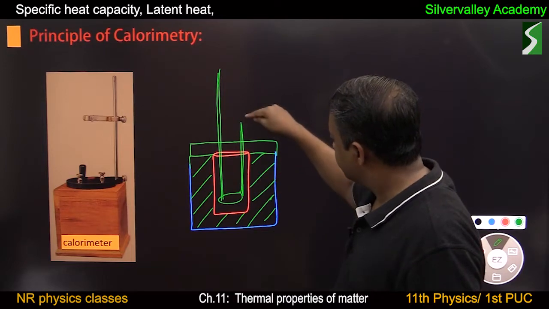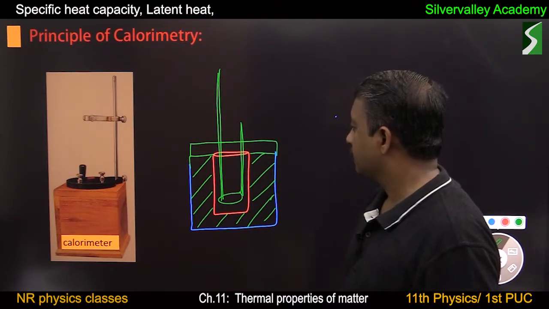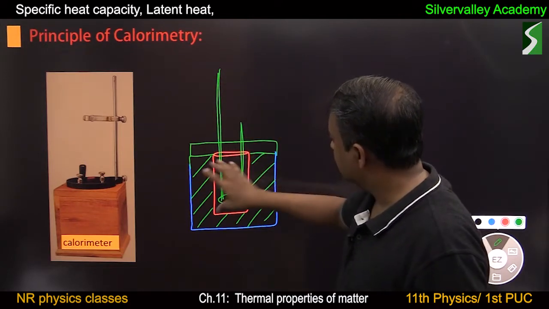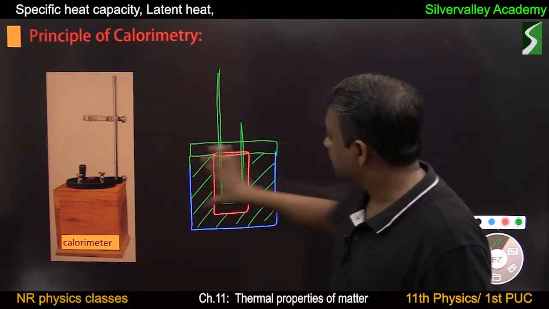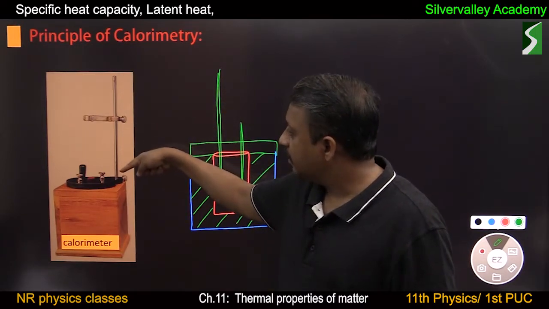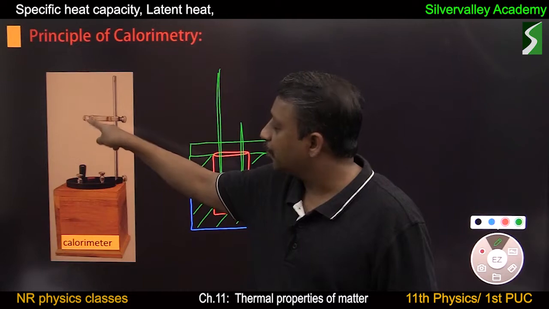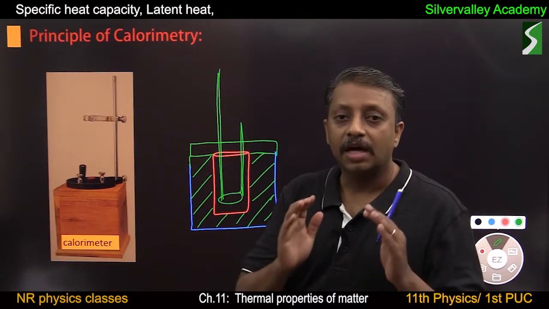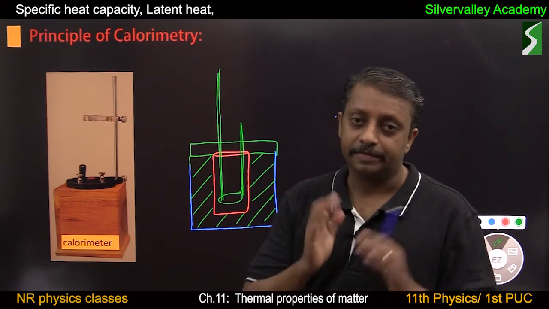So in this case, a copper stirrer is used. This copper container, stirrer and thermometer should be properly insulated. So this is the arrangement. And you can see a stand. This stand is used to support the thermometer. So this is a typical calorimeter.